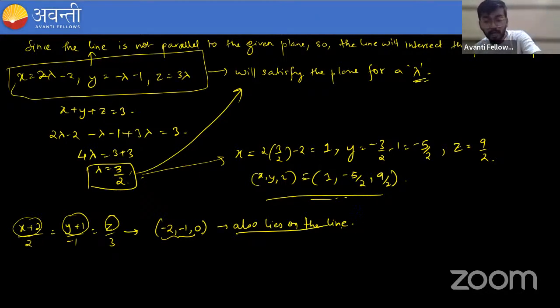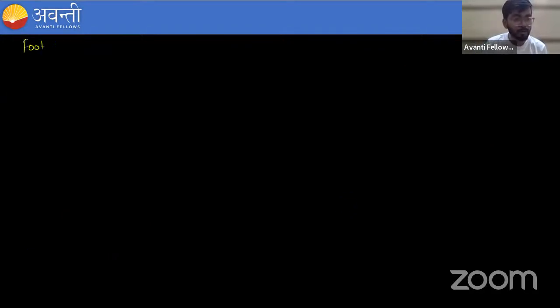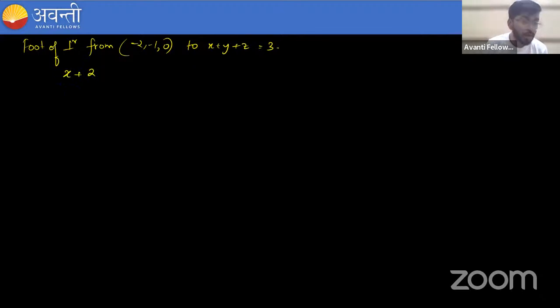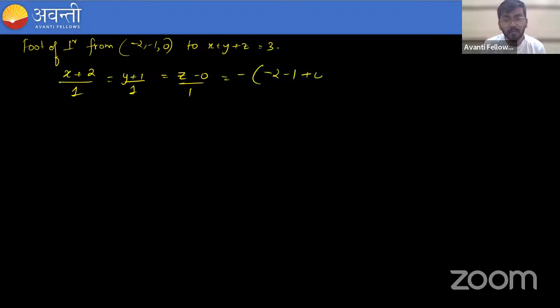So this point will also lie on the line. Then the foot of the perpendicular from (-2, -1, 0) to x + y + z = 3 will be (x + 2)/1 = (y + 1)/1 = (z - 0)/1 = -t times (x + y + z - 3)/(1² + 1² + 1²). The denominators are the coefficients of x², y² and z², right?